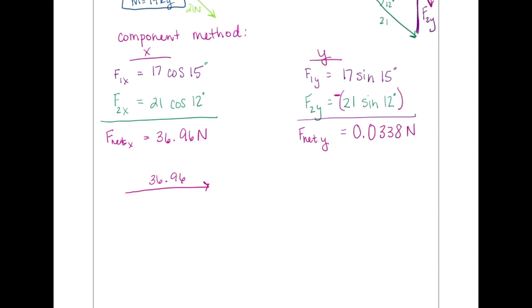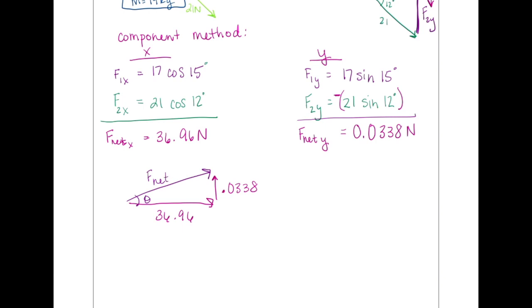Our y is going to be, and actually I put that on the wrong side. So our x is 36.96. Our y, and this is not to scale, is going to be 0.0338. And so we want to know what is the resulting vector. This will be our net force, or total net force.